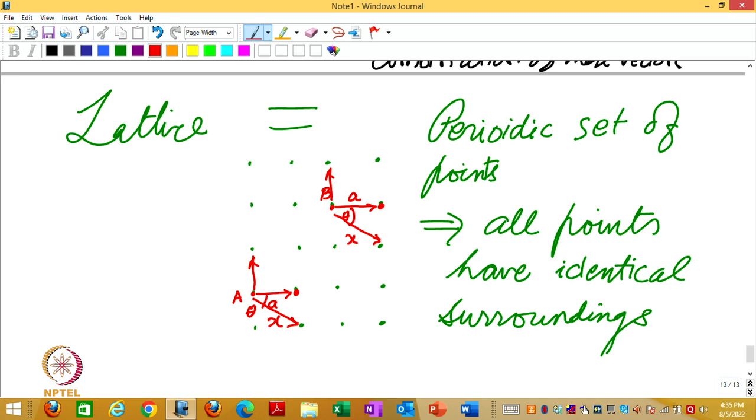So, if you are a small being walking in a lattice and you stationed yourself here and looked around, you will see certain surroundings. Then if I blindfold you and take you and leave you at some other lattice point, remove your blindfold and ask, have I left you at the same location or a new location?